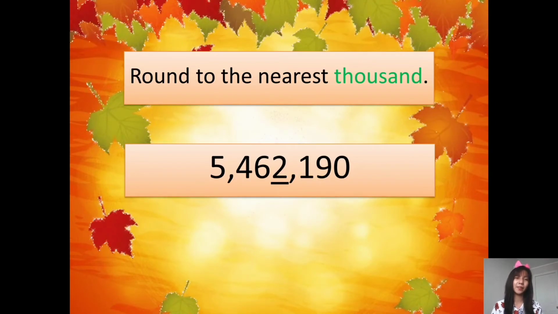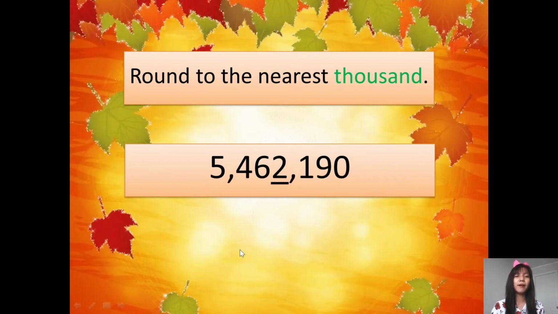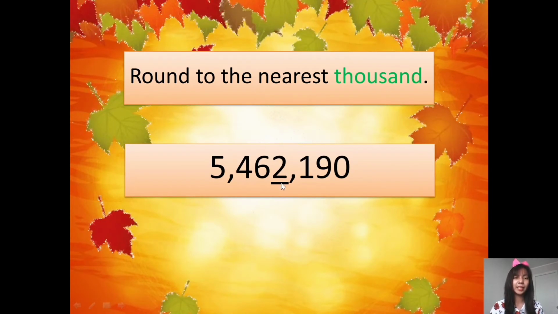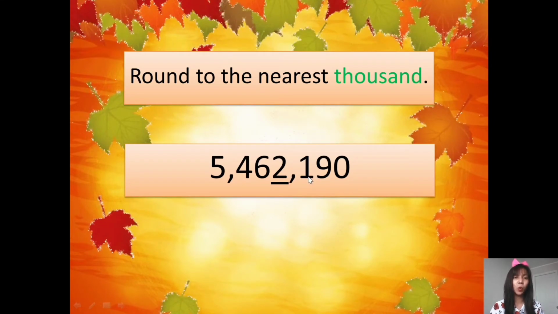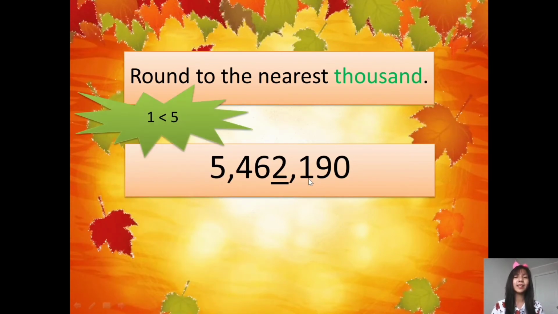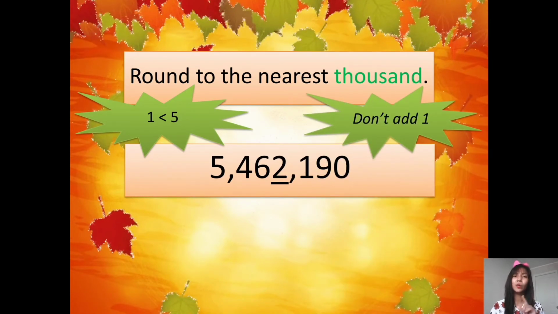So let's have an example here. Round to the nearest 1,000. So we have the given number 5,462,190. Alright, so the underlined number here is 2. Okay? So when you take a look at the next number, it's 1. 1 is less than 5, meaning you don't need to add 1.